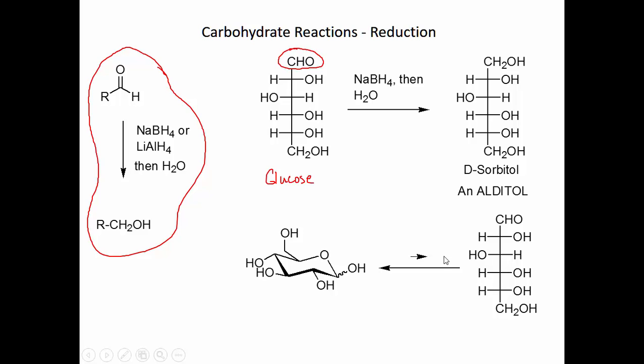So there's enough of this compound present for this reaction to go all the way to completion. You don't have to have it all in this form, just some of it, and even though this equilibrium is indicated as being unfavorable, there's enough of this for the reaction to go to completion.